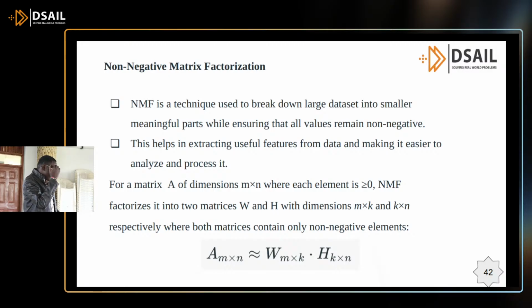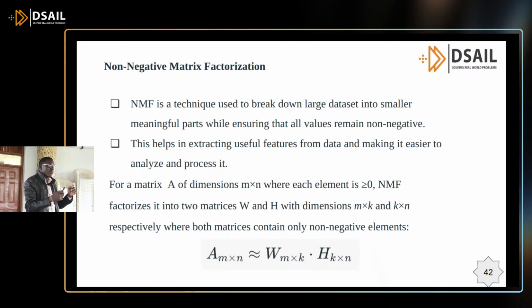This is another one, non-negative matrix factorization. This one I've just mentioned, as the equation says, you are having a matrix A of m by n. So what this does is that you are splitting your matrix into two parts.